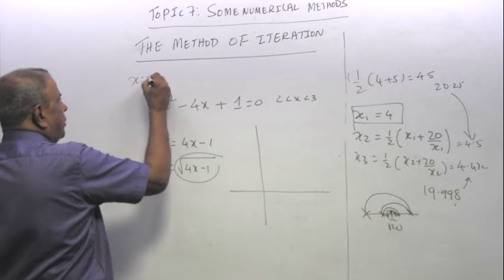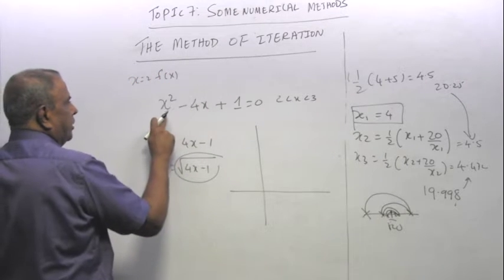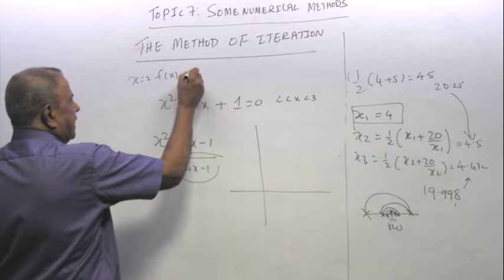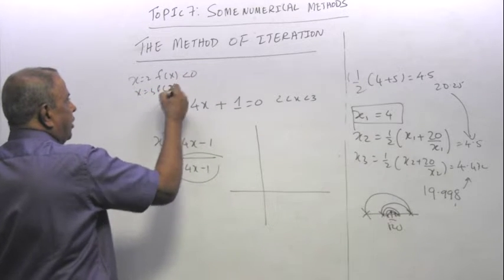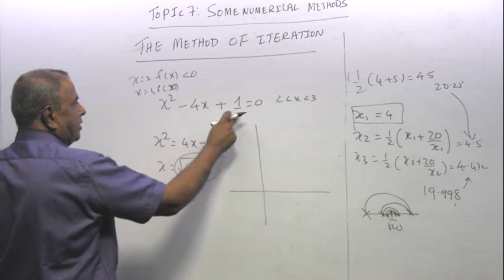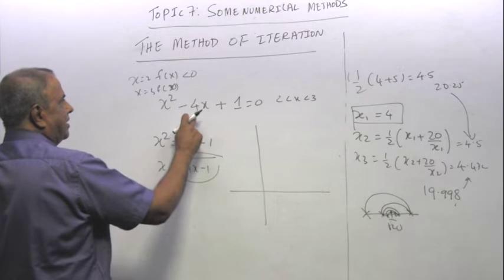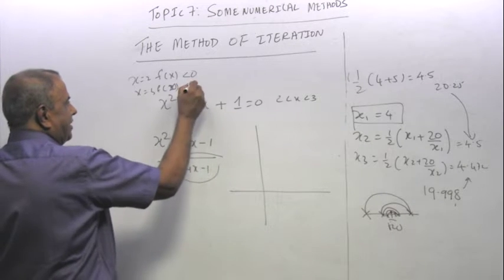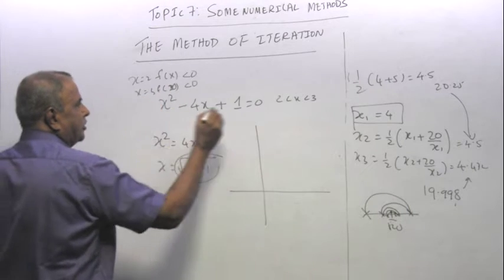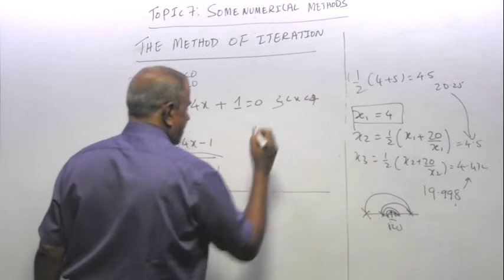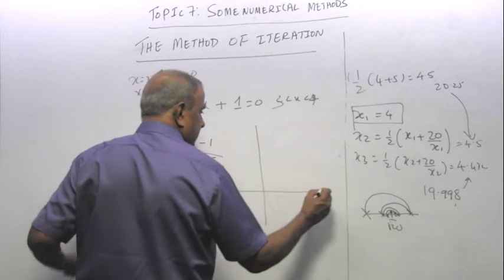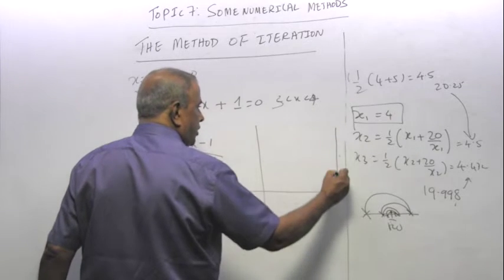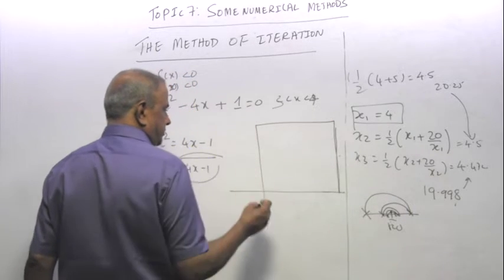X is 3, f of x is 3 squared is 9 plus 1, 10, 10 minus 12 is negative. F of 4 is positive, so it's between 3 and 4. So I will take the graph only between 3 and 4.